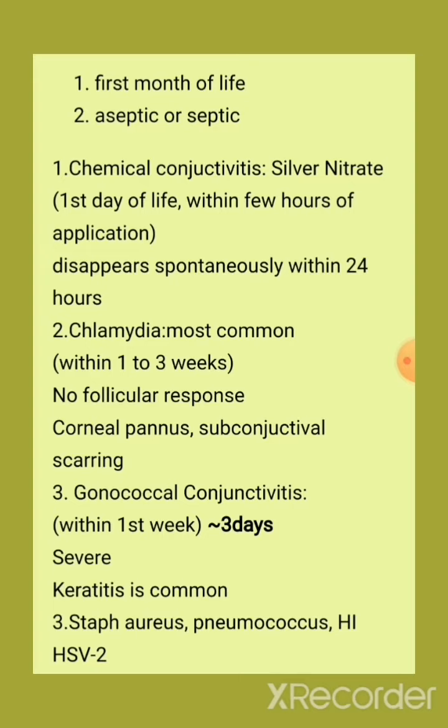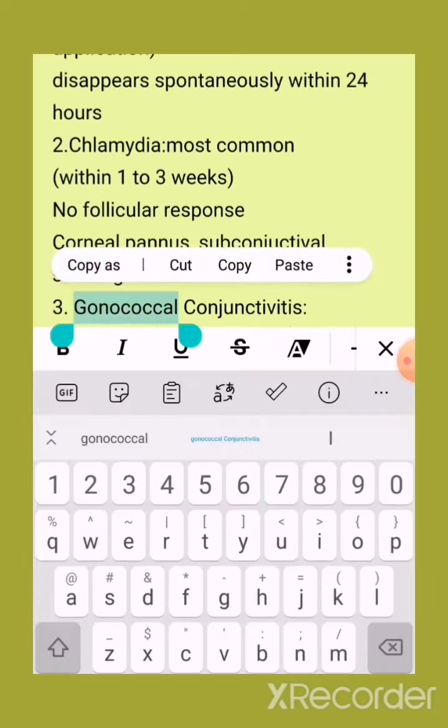So this is a very important point which can be mentioned in a scenario. So what else differentiates between chlamydia and Neisseria in terms of ophthalmia neonatorum? Ophthalmia neonatorum due to gonococcal infection is much more severe. In addition to being hyperacute, gonococcal conjunctivitis can be potentially sight threatening.